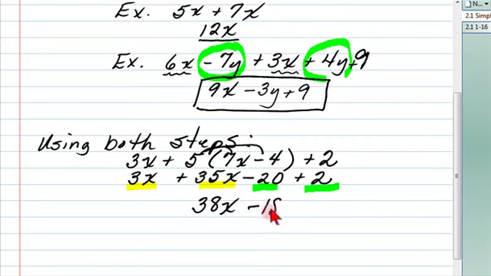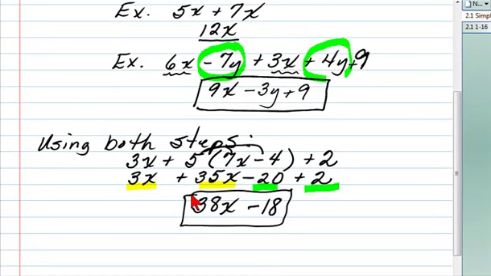Negative 18, because I subtract and keep the sign of the greater or the dominant. You've simplified an expression when you have removed all parentheses using the distributive property and combined all terms that are alike. Is everybody okay with simplifying?